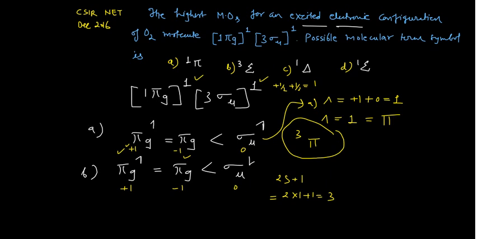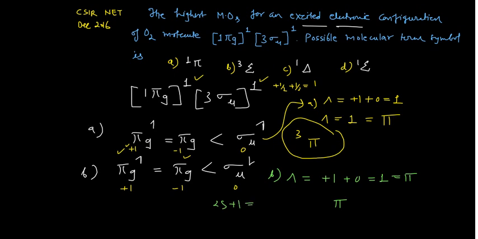So now I am moving to B. For this B I have to remove all these things from here. Now I am solving for B and calculating lambda. I can write +1, then +0 equals 1. Since this is 1, again you will use pi. There is no problem in that. Then you calculate the multiplicity, 2S plus 1.